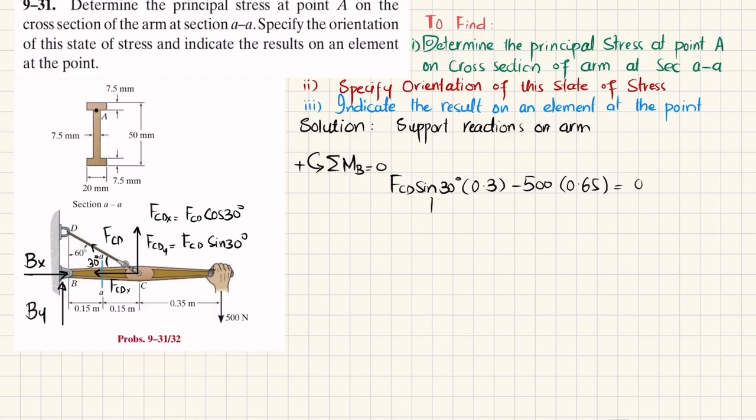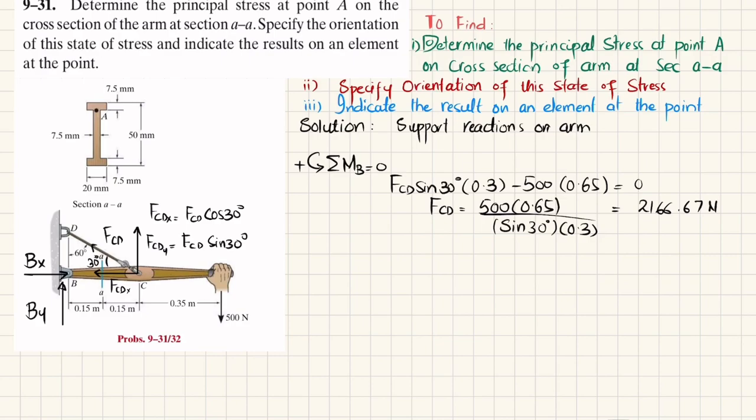When you calculate it, you will get FCD equal to 500 times 0.65 divided by sine of 30 degrees multiplied by 0.3, and that will give you 2166.67 Newton. So this is FCD.